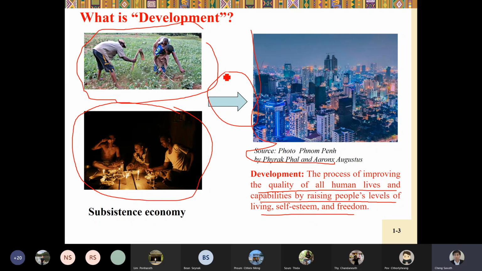So in short, what we mean by development is some change, a change that can make life better, the life of people better. There are many concepts and ideas about how to do it, and some actually become very successful, some not.